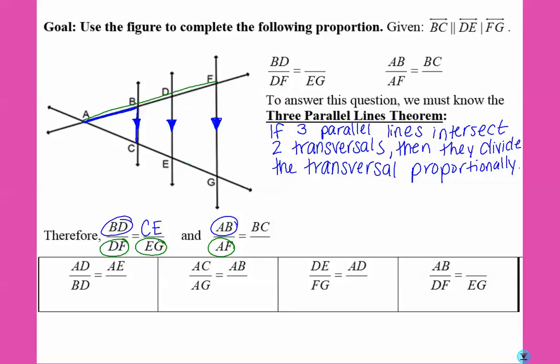I'm going to highlight this smaller triangle here, as well as the big triangle of it all. So AB was the small side, AF is the long side, BC was the bottom. So for the bottom of our denominator here, we want the bottom of the big triangle, which would be FG.